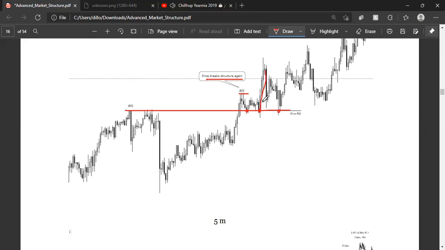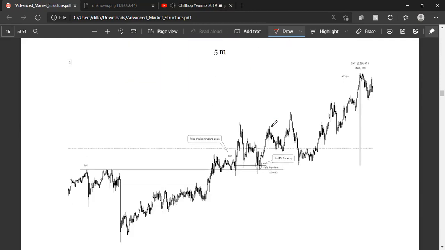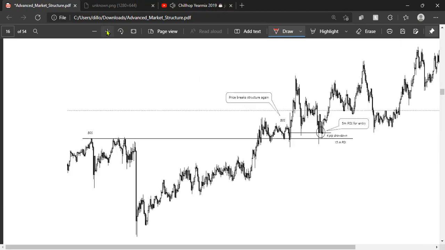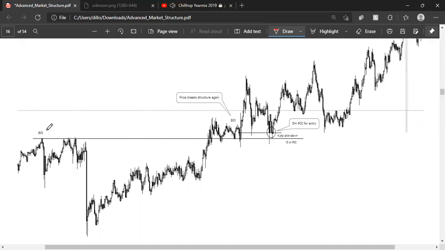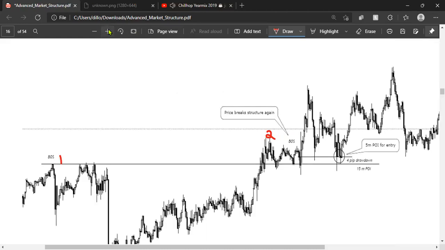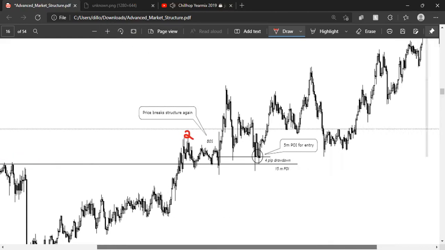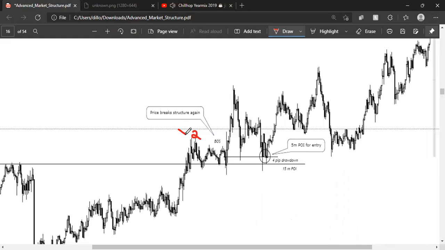So about this time now, I think we should be going down into the lower time frames and see what we see. So here was the first break of structure, and here was the second one. Now, where does the impulse start at the second break of structure, right?